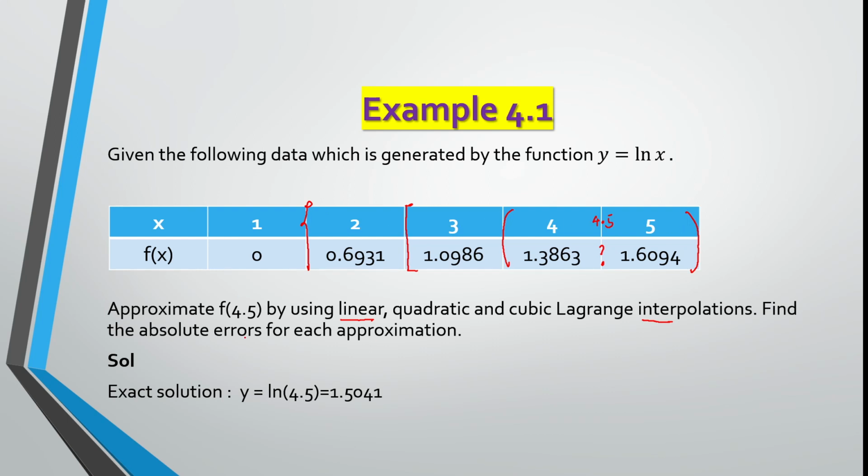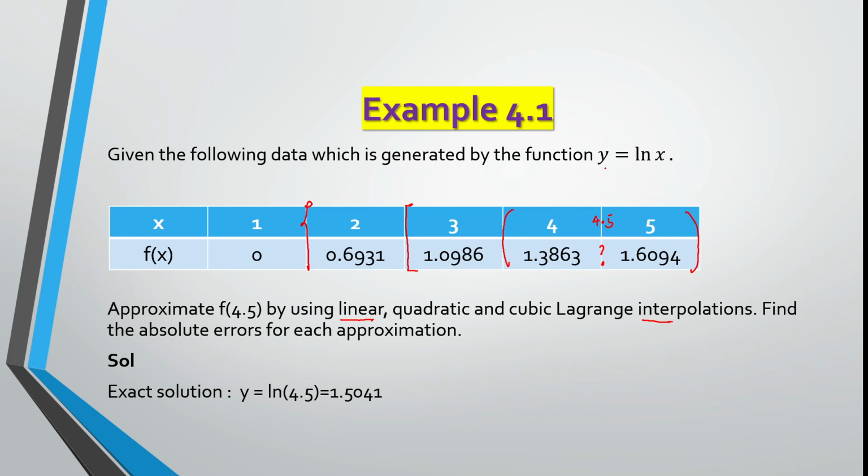And then find the absolute error for each approximation. Because we know this data is actually generated by the function y equal to ln x, if you want to approximate y when x is 4.5, you can plug in. So ln 4.5 gives 1.5041. This is what we call the exact value, the exact solution.